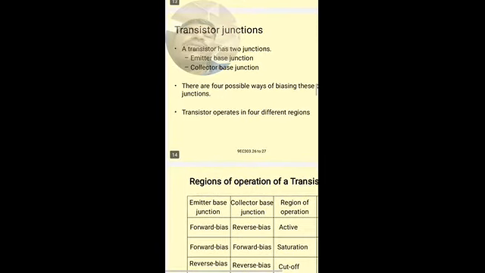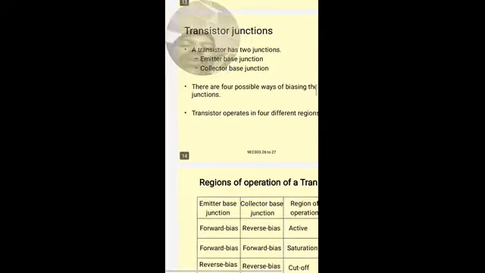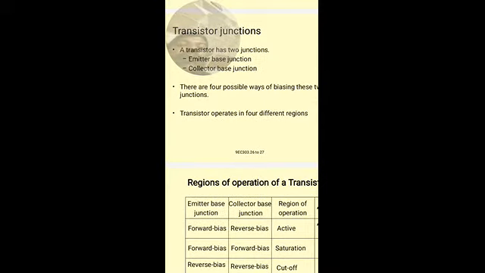Before seeing how the transistor acts as an amplifier, let us first start with the transistor. Transistor has two junctions: the input junction, that is called the emitter base junction, and the output junction, that is called the collector base junction.